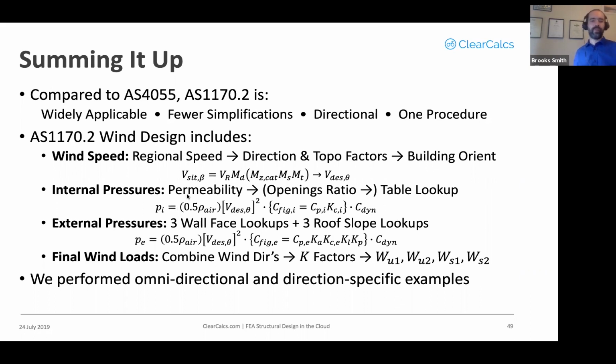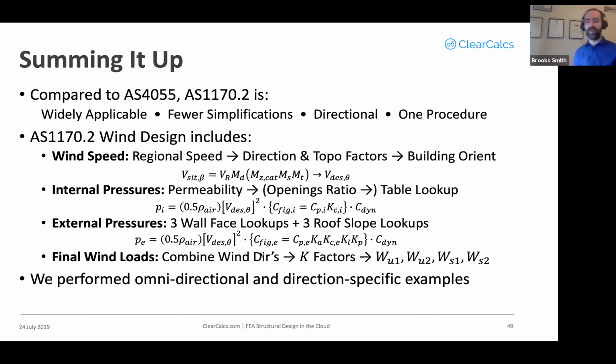Internal pressures, you consider whether your structure is permeable. If it is impermeable, you look straight up in a table. If it's permeable, you calculate a ratio of openings and then look up in that table. External pressures, you calculate 6 different pressure coefficients, three different wall faces, 3 different roof slopes, and follow through the equations shown here as appropriate.